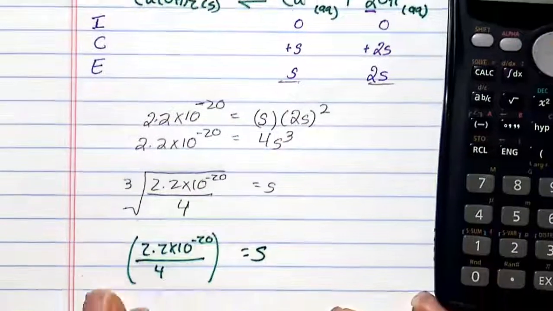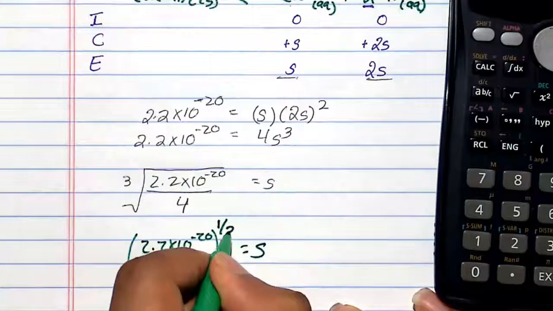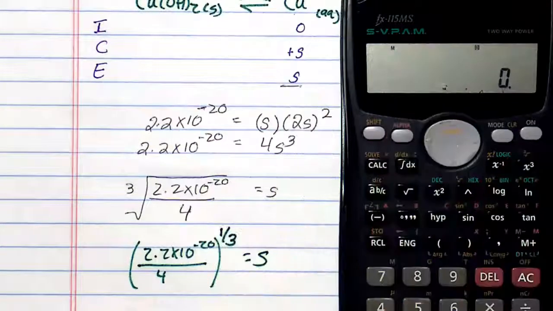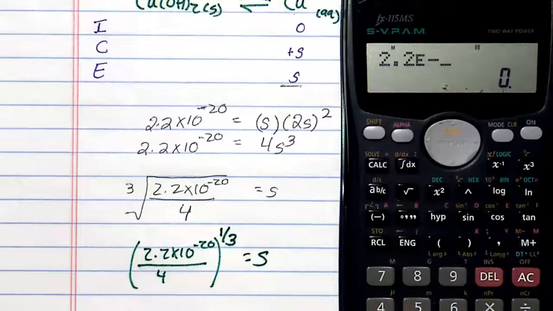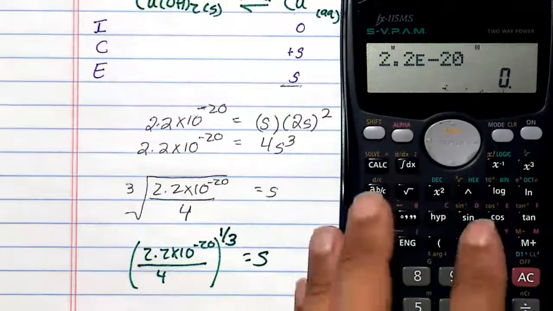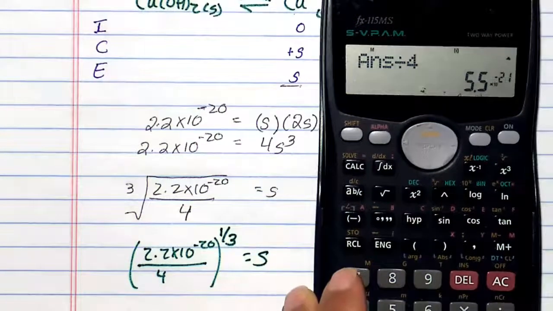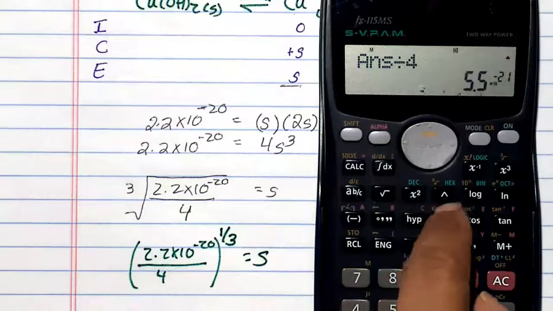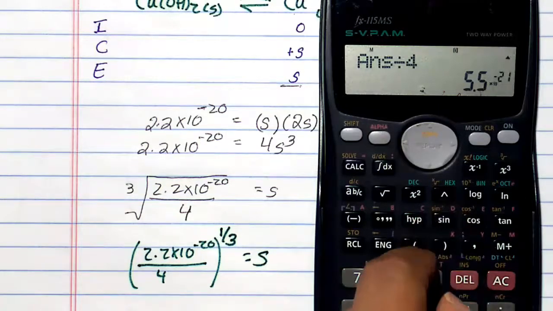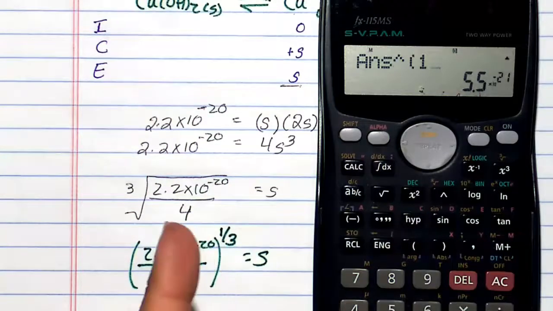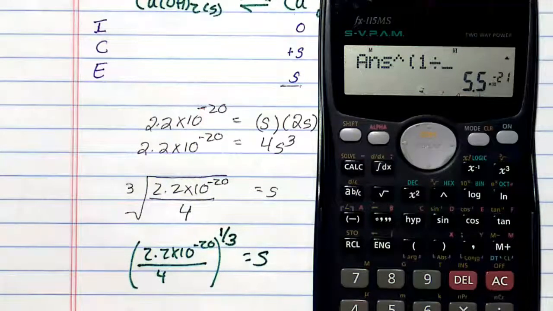Raise that whole fraction to 1/3. Get the same answer. So I'll do 2.2 exponent minus 20. That's my answer. So what I'll do is raise it to the 1/3 power. So that little bracket, I'll put that here, and I'll put parentheses 1 divided by 3. Or I can do 0.333333.